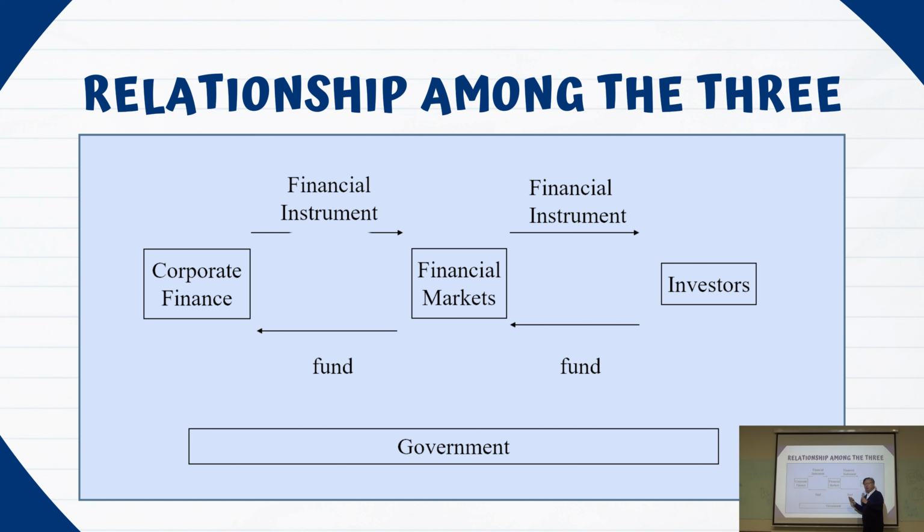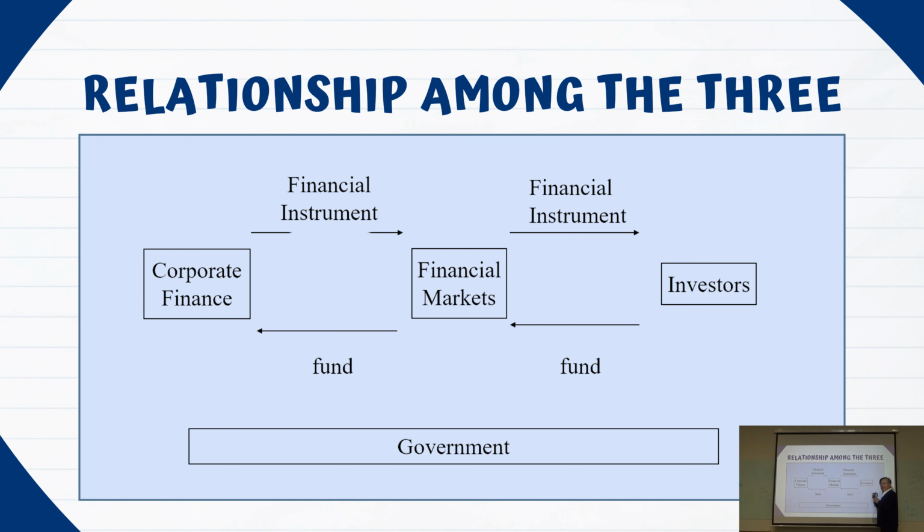Either we will receive the interest payment, dividend payment, or we will get additional value on the stock or bond. So when you invest, you get the stock and bond as a financial instrument, so individuals provide funds to the corporation.